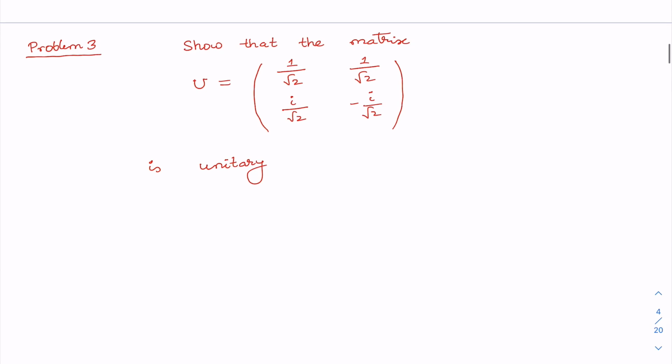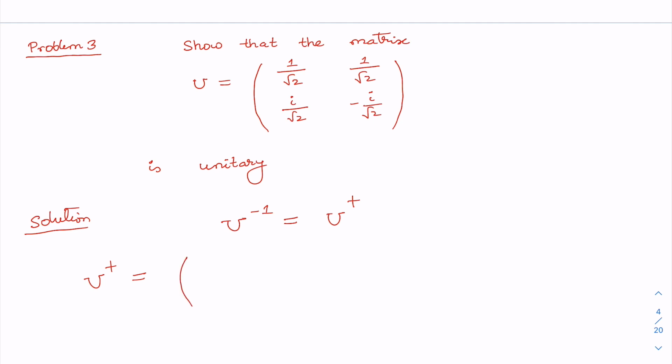Let us now work out this problem. You are asked to show that this given matrix is unitary. Now here this matrix U is unitary if the inverse of this matrix U is equal to U dagger, which is the Hermitian conjugate of the matrix U. Now U dagger, the Hermitian conjugate of U, would be obtained by taking the complex conjugate of U and then taking the transpose.